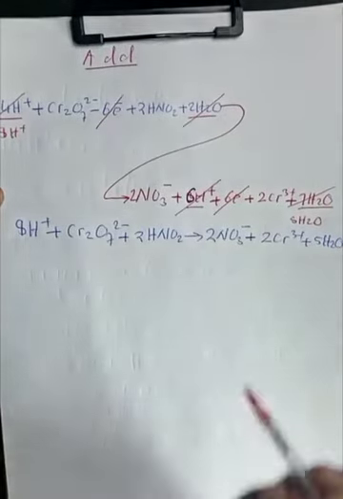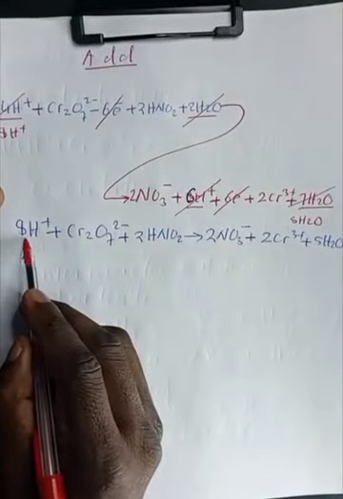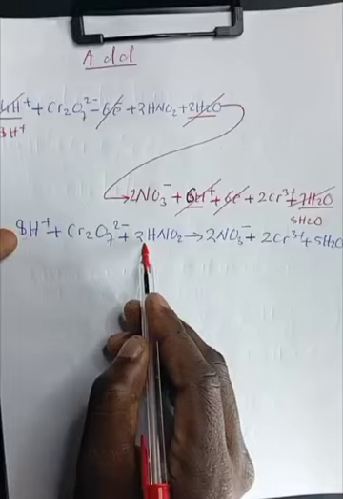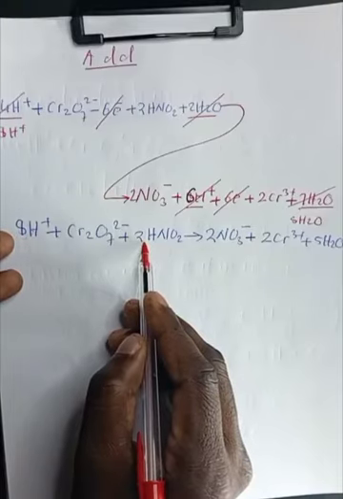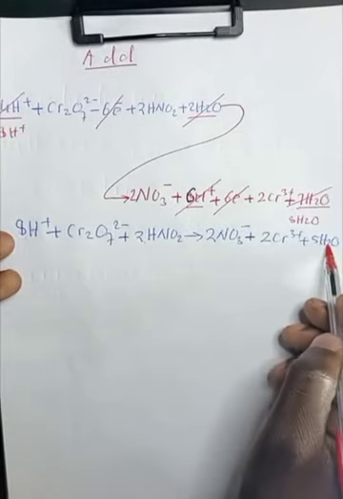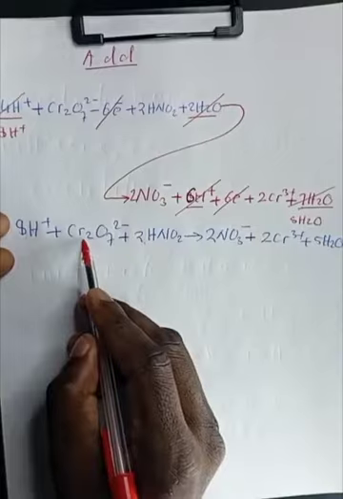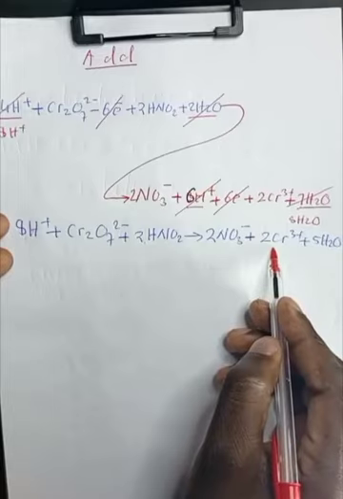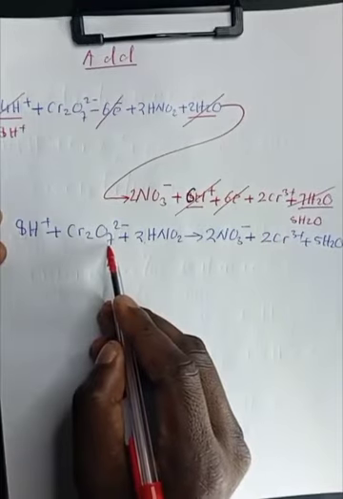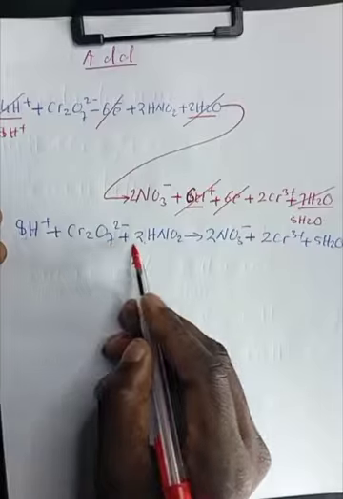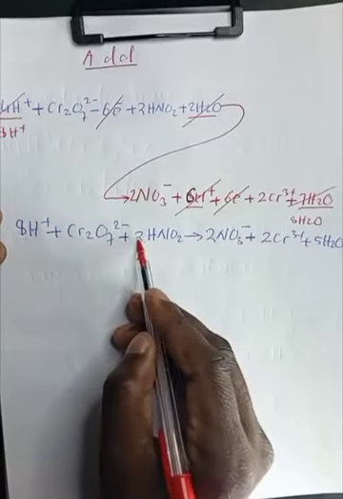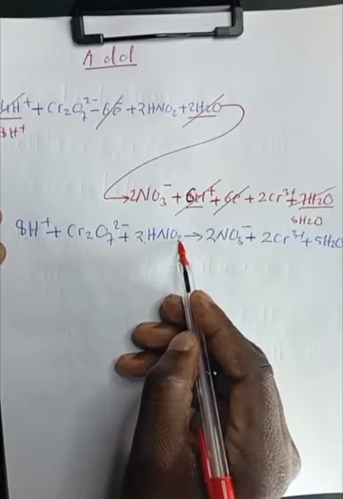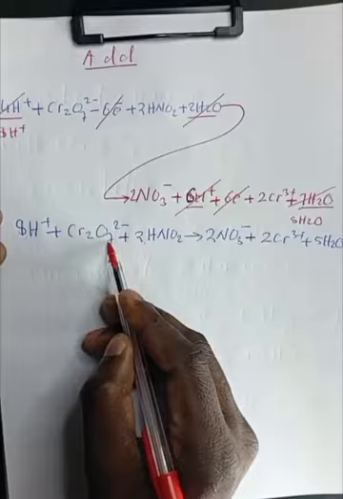So now let's check if everything is okay. We have 8 hydrogen here plus 2, which is 10. This side we also have 5 times 2, which is 10. We have 2 chromium here, we have 2 chromium there, which is okay. When it comes to oxygen, we have 7 plus 4, since 2 times 2 is 4, that's 11.